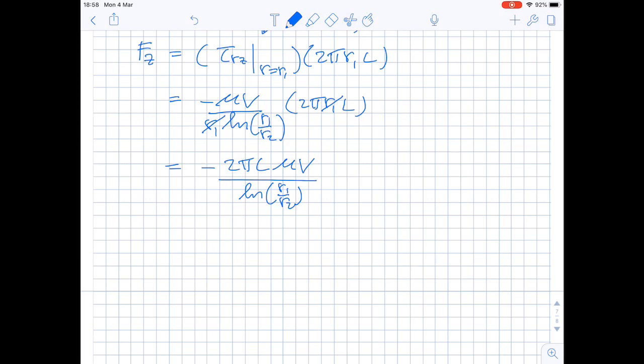You have to keep in mind that this is the force that the liquid acts on the solid. If you want to calculate the counter force the solid acts on the liquid, that's supposed to be minus of this whole force.